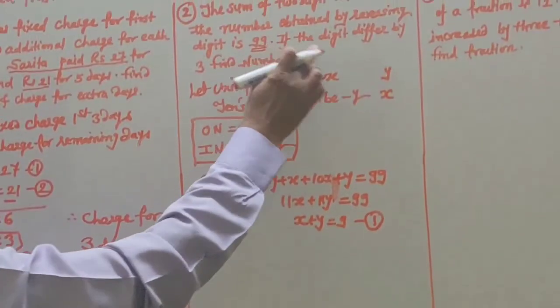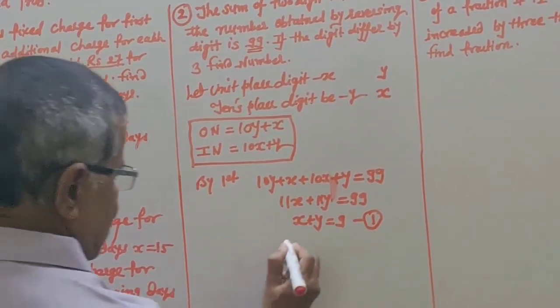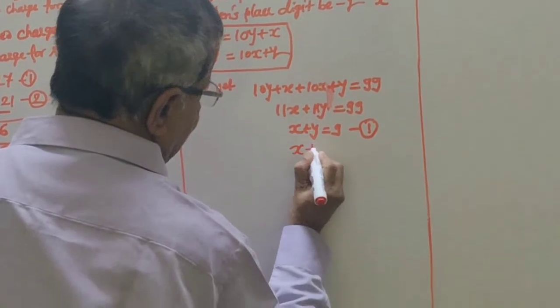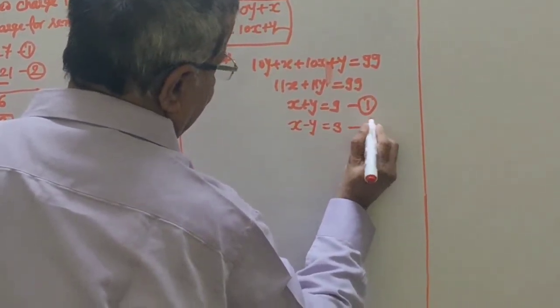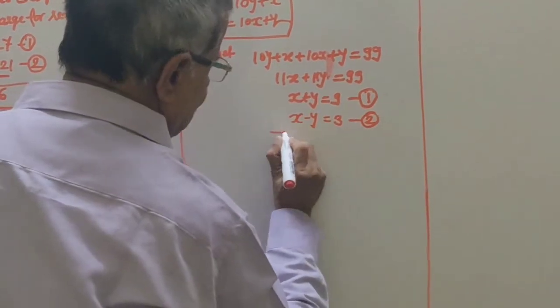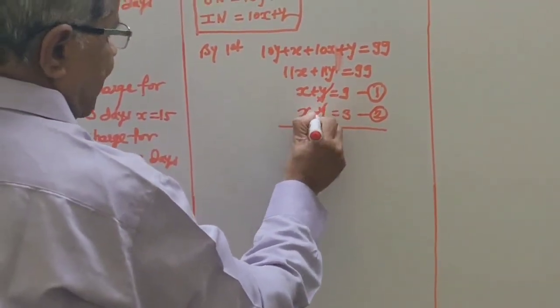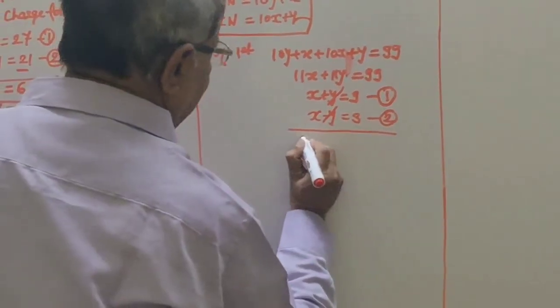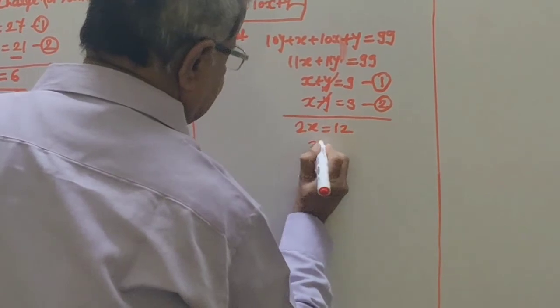Now the second condition given in the problem is the digits differ by 3. So the second equation will be X minus Y is equal to 3. This is your second equation. These equations can also be simplified by the elimination method. Here Y will already get cancelled. So I will get 2X is equal to 12, means X is equal to 6.